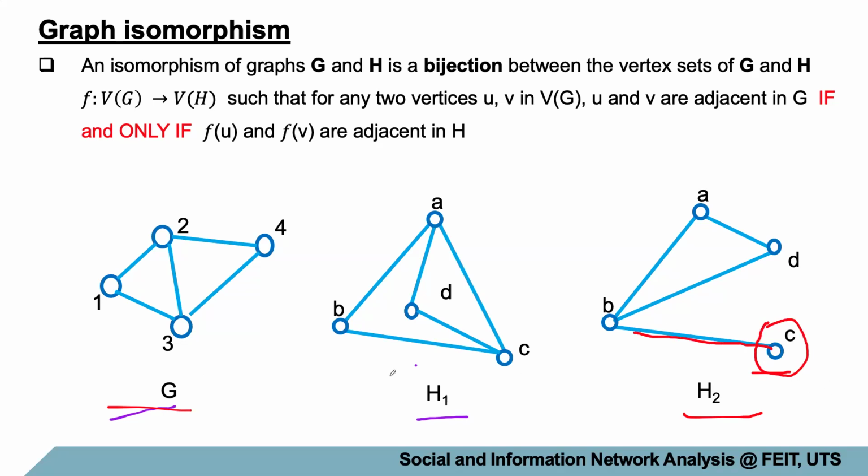It cannot be mapped to any node in G because there's no node in G that has degree 1. Because for the mapped nodes, the edges also need to be mapped. So there is no bijection between G and H2, so they are not isomorphic.